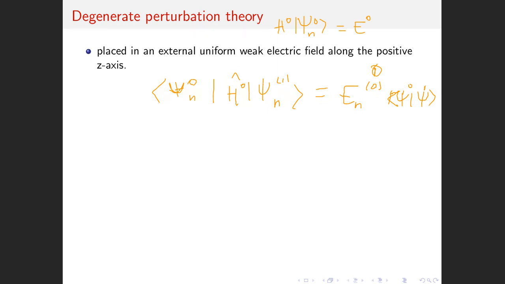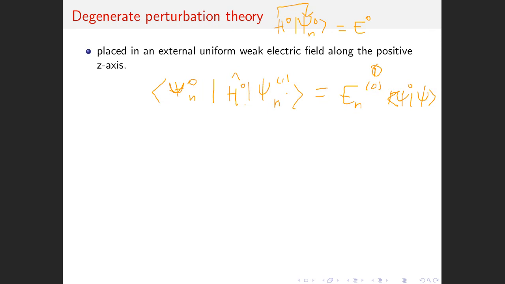We do not know what happens when h0 acts on psi 1. So what I'm saying is that the state psi 1 is not really an eigenfunction of h0. The only thing that we know is h0 when it acts on psi 0, right?